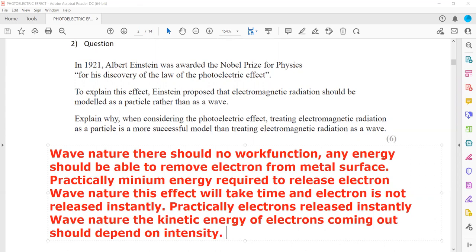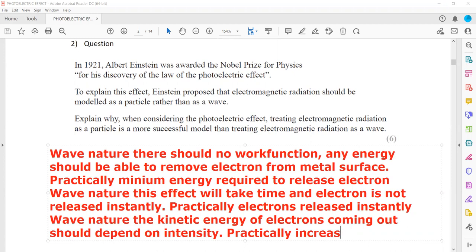But practically what we observe is that changing the intensity will increase the number of electrons but not their kinetic energy. High intensity means more photons, and more photons means more electrons.